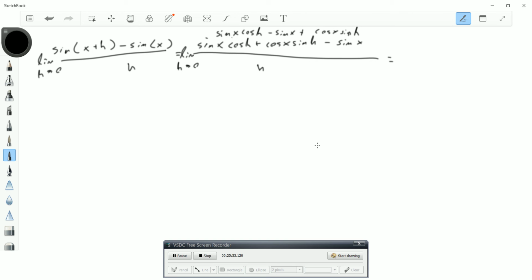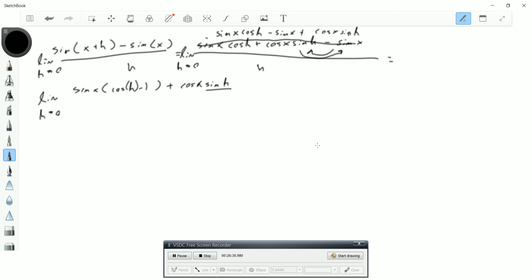I've just flip-flopped those two. Now this is going to be equal to the limit as h goes to 0 of sine of x times cosine of h minus 1, just put parentheses there really, plus cosine of x sine of h, and I'm just going to make it over this h here.